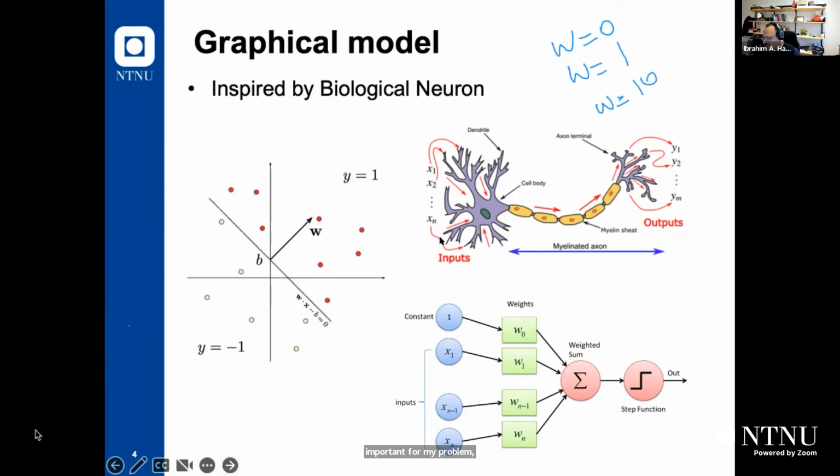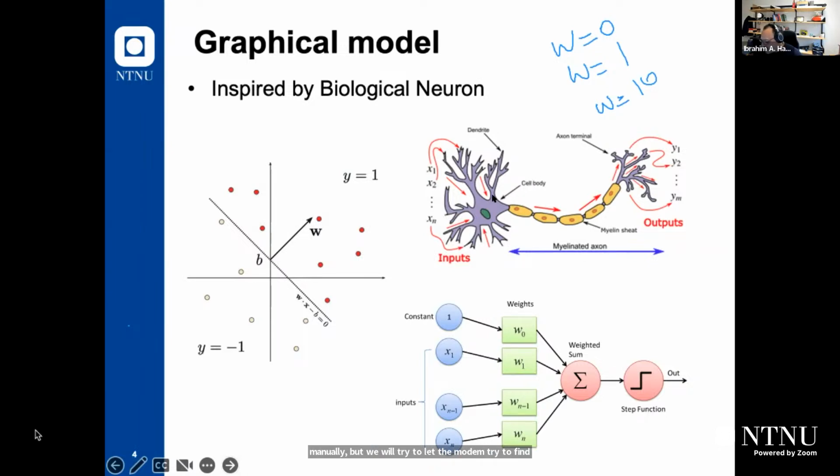So this value, when it's a very large positive value or a very small negative value, reflects the importance of this feature for my problem. We will not adjust it manually, but we will let the model find this value by itself using an optimizer.